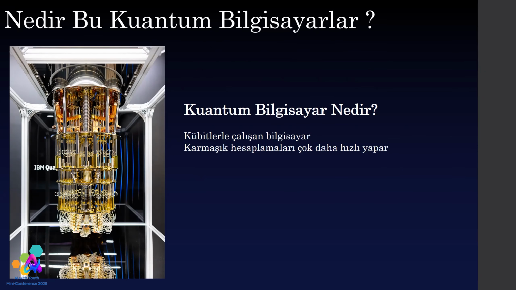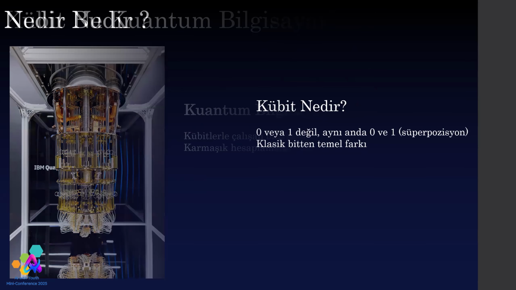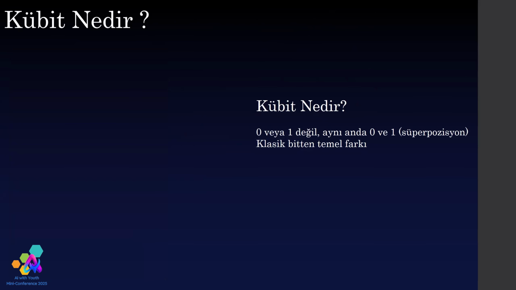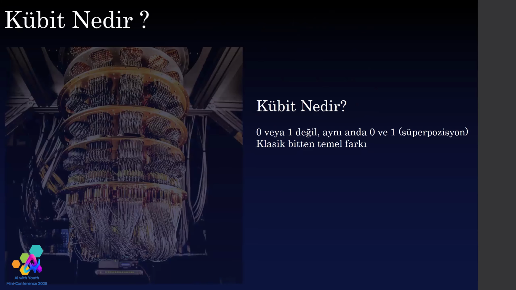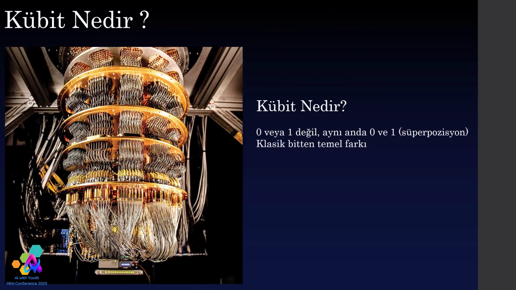And that begs the question, what are qubits? To put it simply, qubits are like bits, but they have one difference. Bits can be either 1 or 0, but quantum bits, qubits, can be both values, thanks to a principle in quantum physics called superposition.